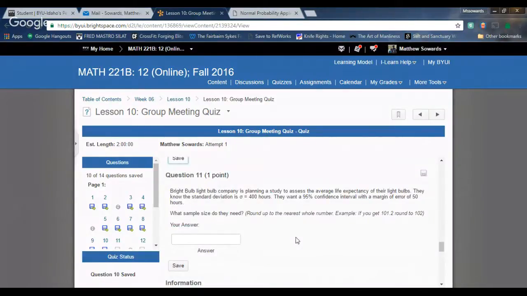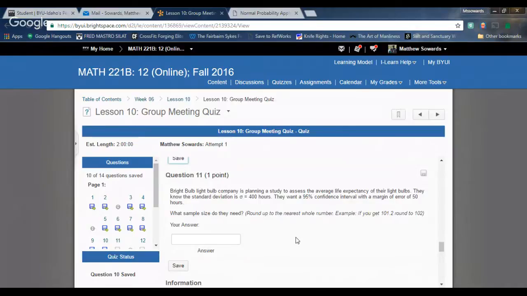Brightbulb Light Bulb Company, golly, that's a terrible name, is planning a study to assess the average life expectancy of their light bulbs. They know the standard deviation of 400 hours. They want a 95% confidence interval with a margin of error of 50 hours. What sample size do they need? Okay.